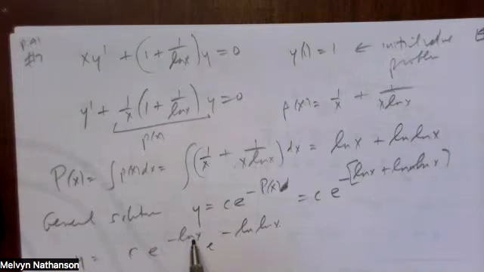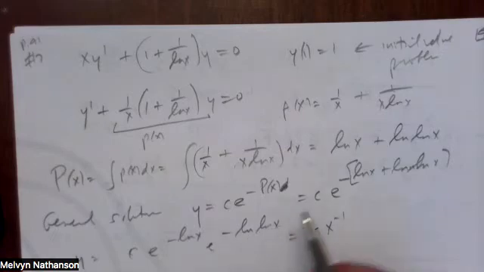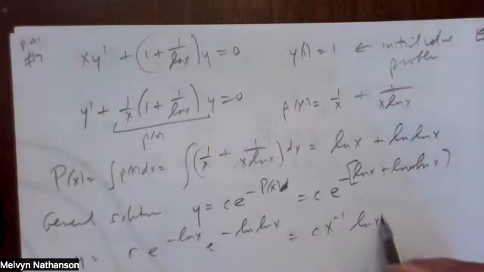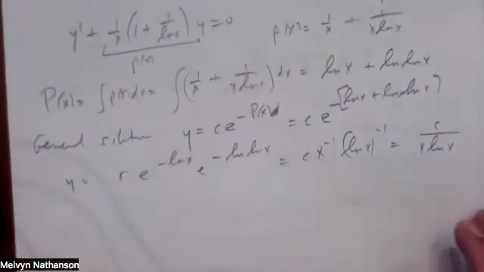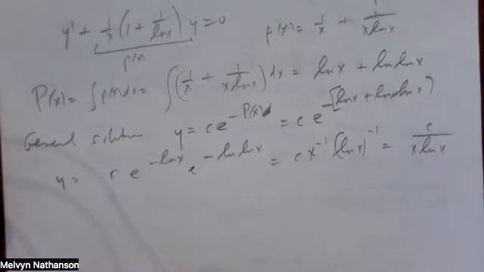E to the log x is x, so this is C x to the minus 1. E to the log log x is log x, so log x to the minus 1. Or C over x log x. This is the general solution of this equation. Y equals C over x log x.